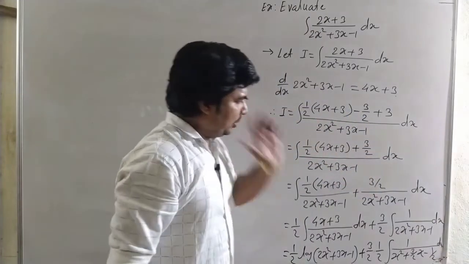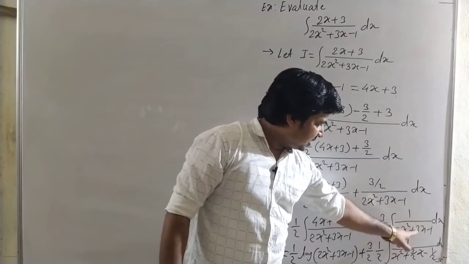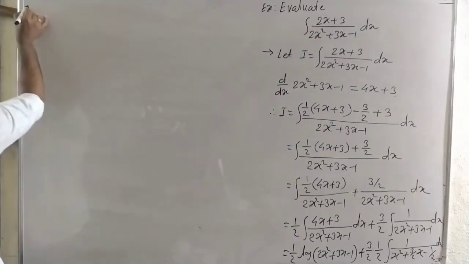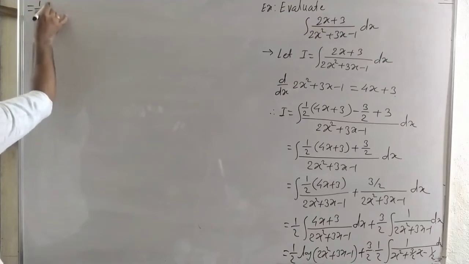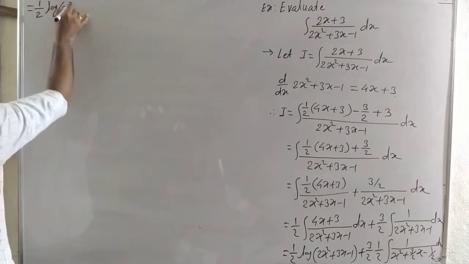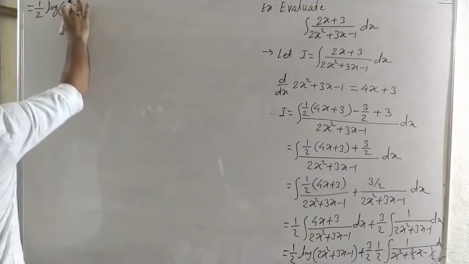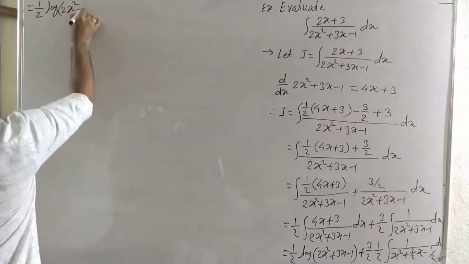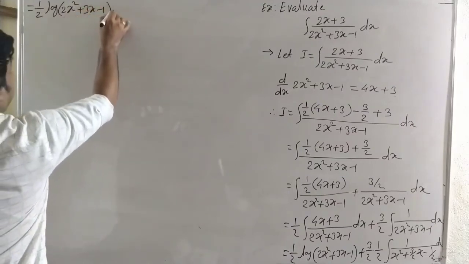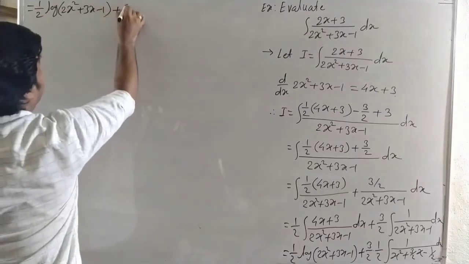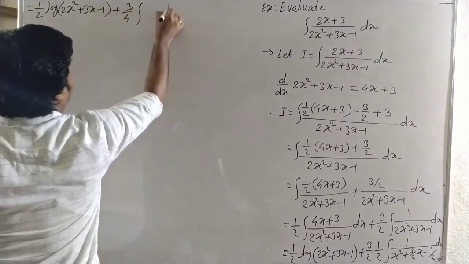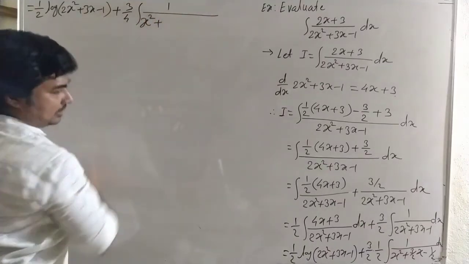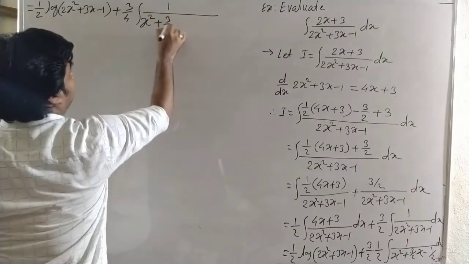Here 2 gets common, so here x square plus 3 by 2 x minus 1 by 2. Now first term as it is: 1 by 2 log of 2x square plus 3x minus 1, then plus 3 by 4 into integral of 1 upon x square plus 3 by 2 x.